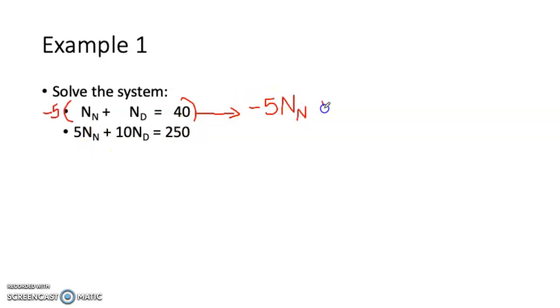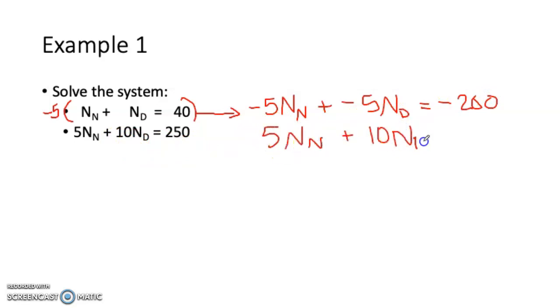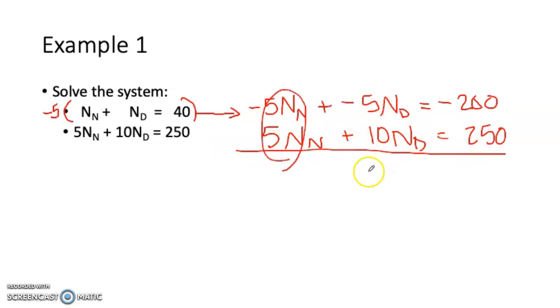-5 N of N plus -5 N of D equals -5 times 40. My second equation I can write just like it's written, and I can add those equations, eliminate my nickels, and now I find that 5 times my number of dimes, N of D, equals 50, and so my number of dimes is 10.